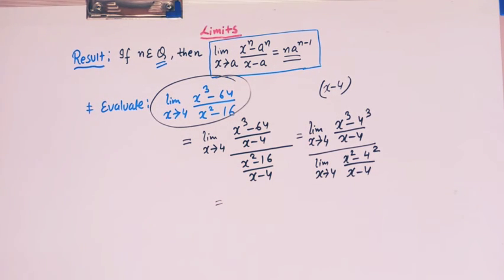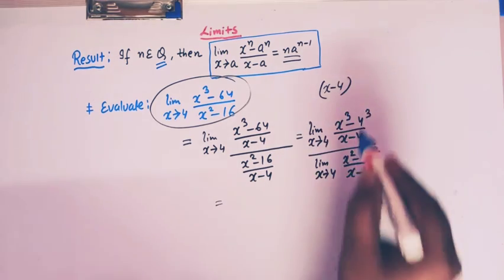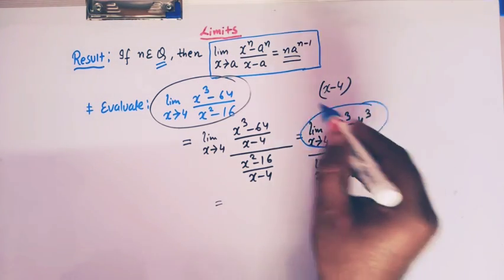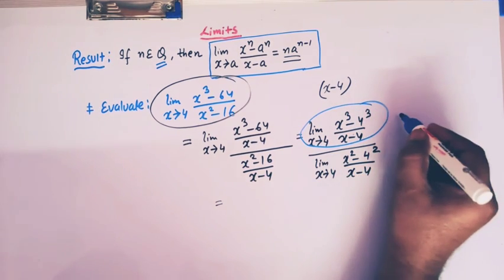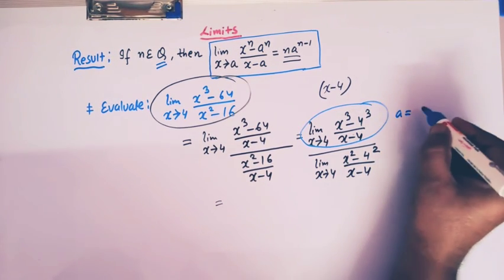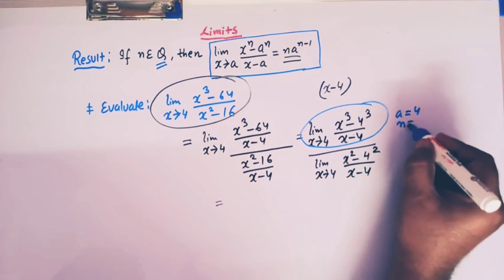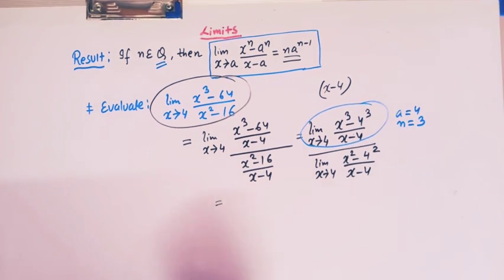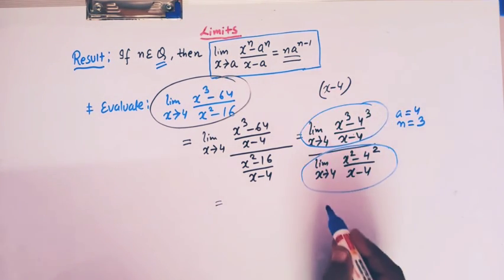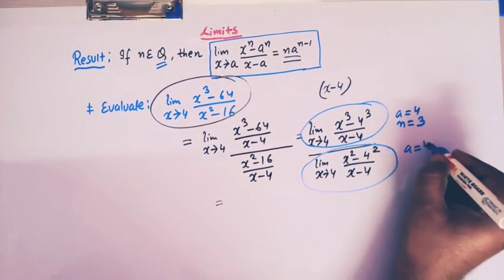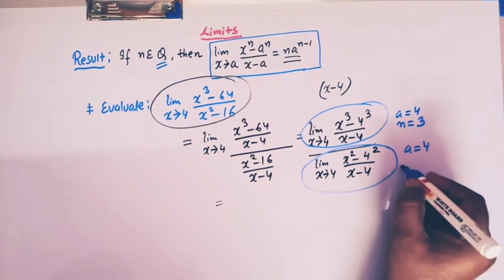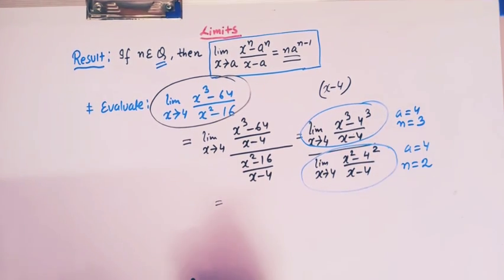So in the upper limit, if we compare it with this one, then we see that the value of a is 4 and the value of n is 3, right? And if we compare this limit with this one, then we see that the value of a is 4 and the value of n is 2, right?